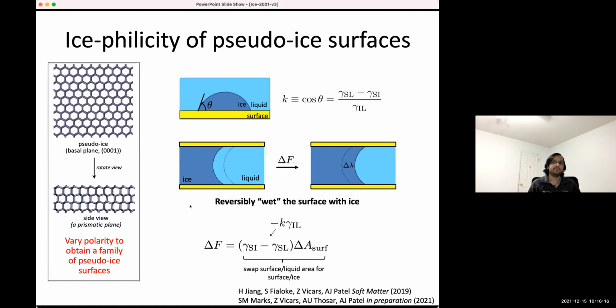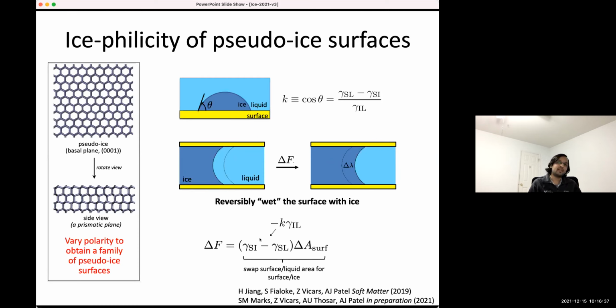If we simply think about this very simple process, the free energy associated with this process should be related to the change in the surface tension as you go from having solid-ice interfaces to solid-water interfaces before.